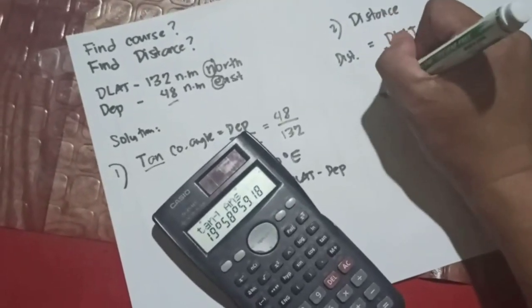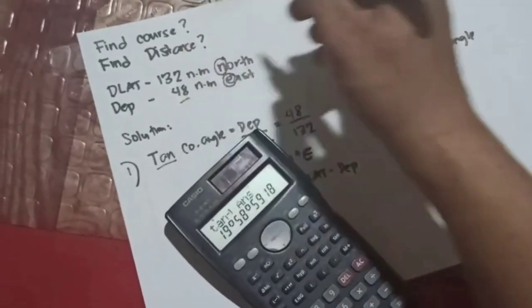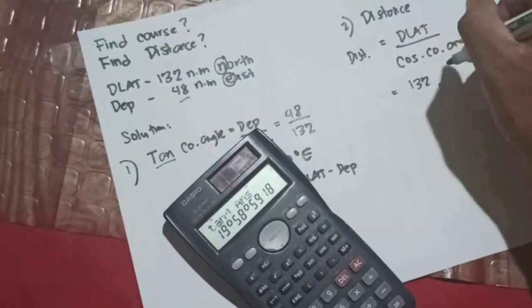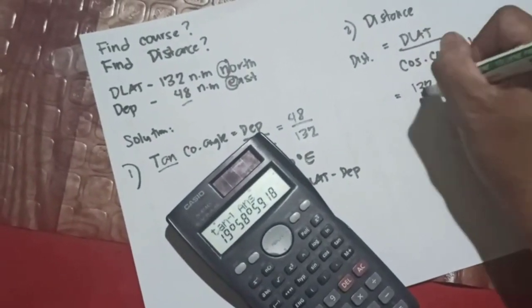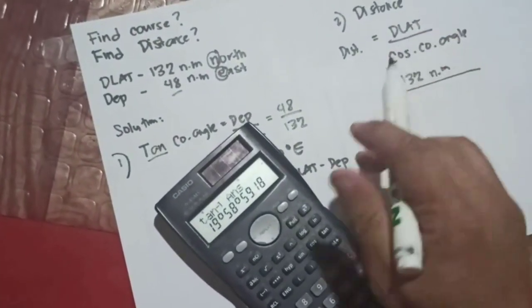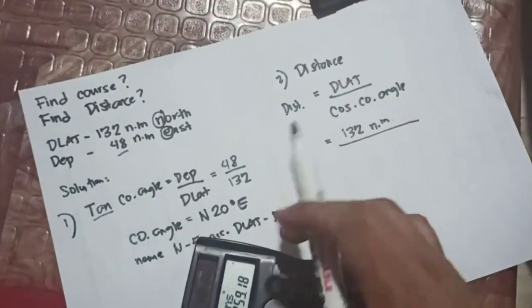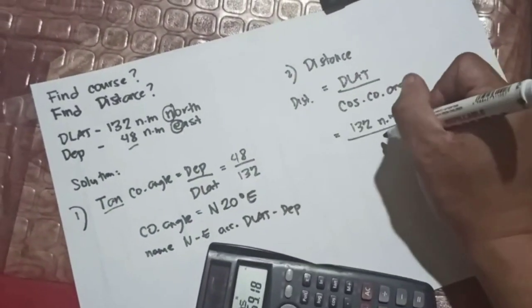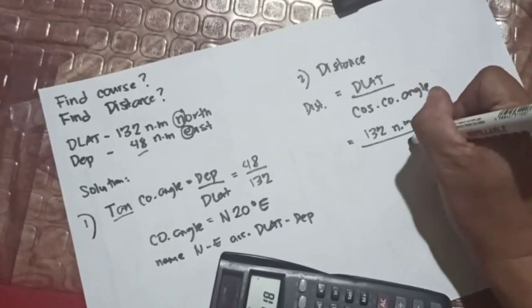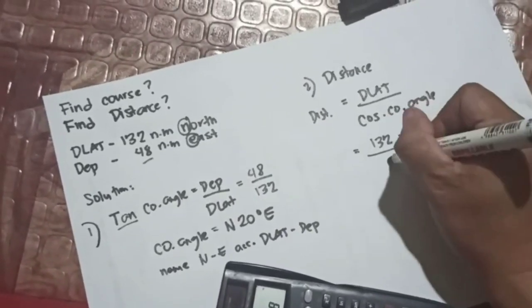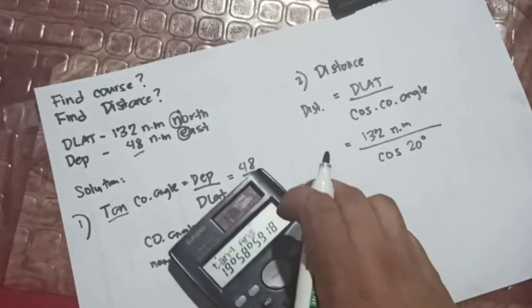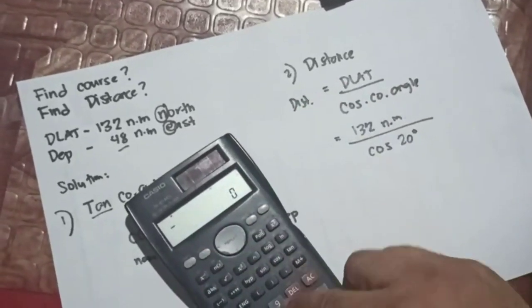Another example. Course 043 degrees true. Distance 524 nautical miles. Look for delat and depth. Number 1, delat equals distance times cosine course angle. 524 times cosine 043 degrees equals 383.2 nautical miles.